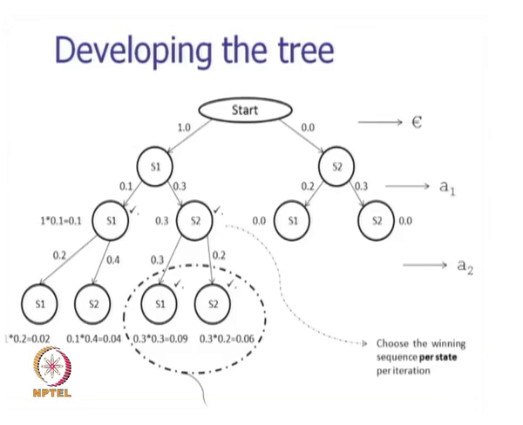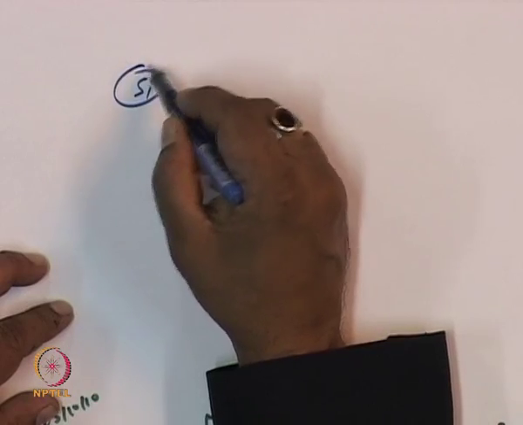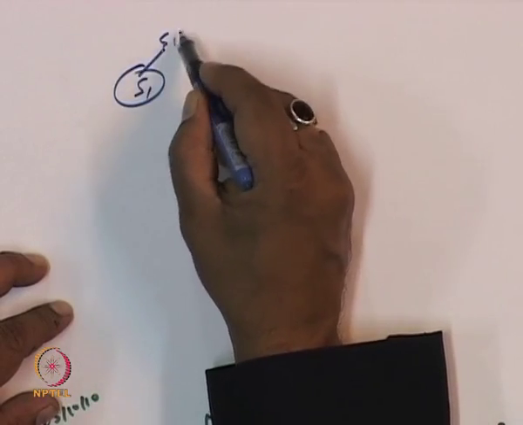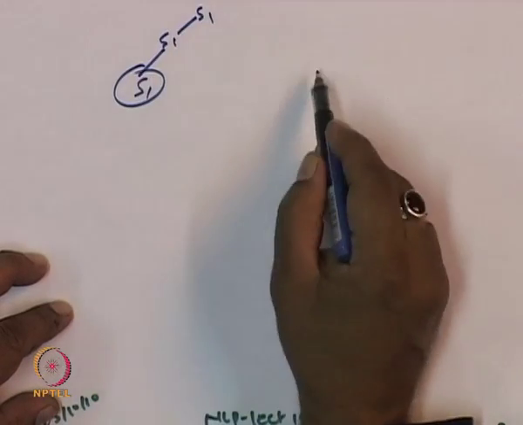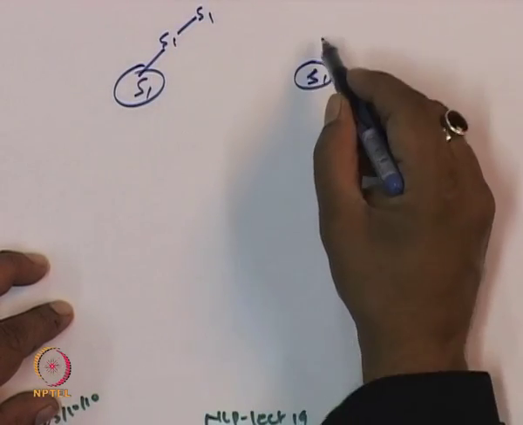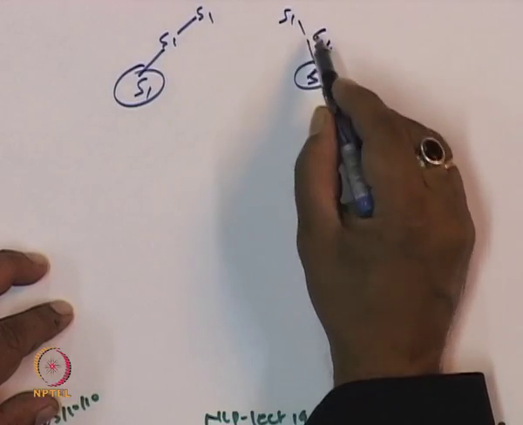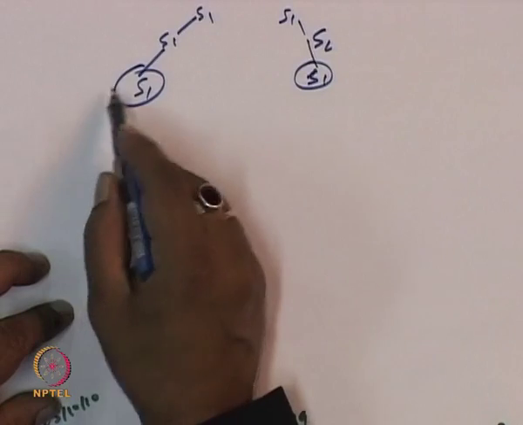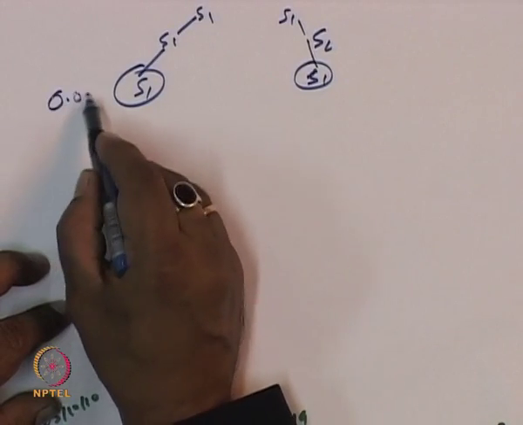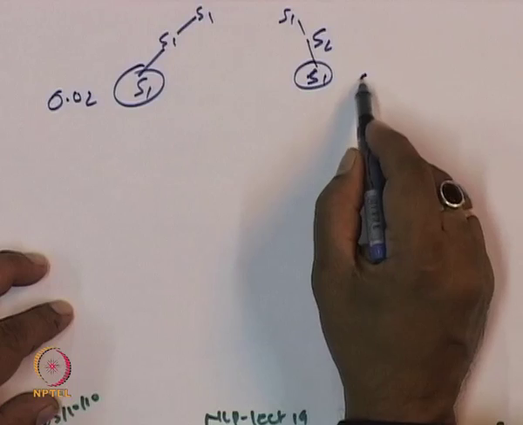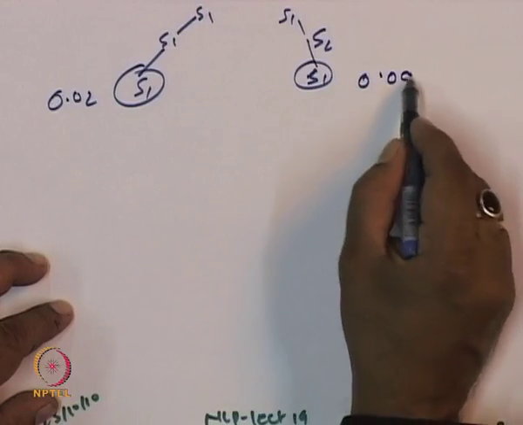So, we have an S1 here and the sequence is S1, S1, and another S1 here, the sequence is S1, S2, S1. The accumulated probability here is 0.02, and here it is 0.09.